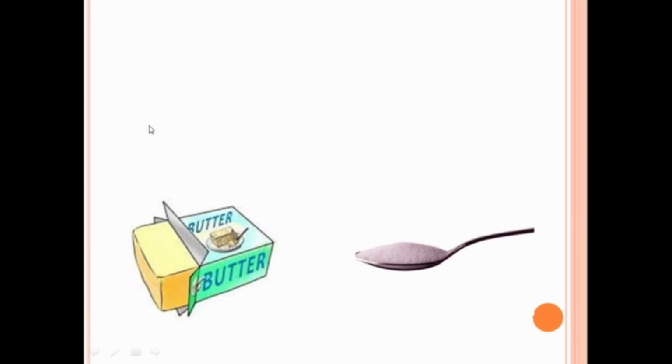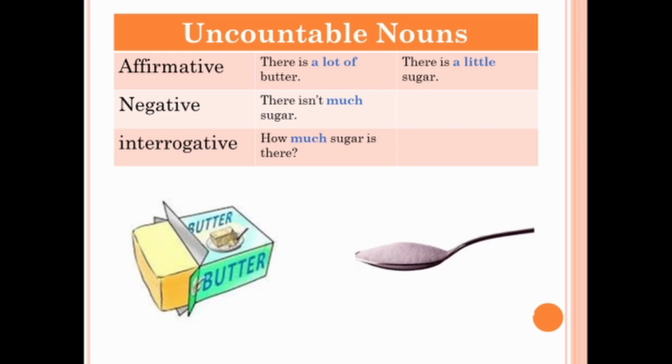Very good. Awesome. So let's take a look at the table again for uncountable nouns. For affirmative, we have there is a lot of butter. Yes. Remember, we use a lot of for uncountable and countable nouns. There is a little sugar. So there isn't much sugar. How much sugar is there? Just a little.